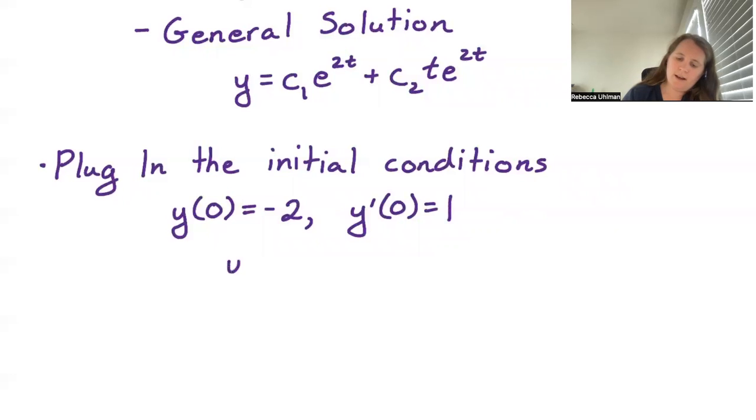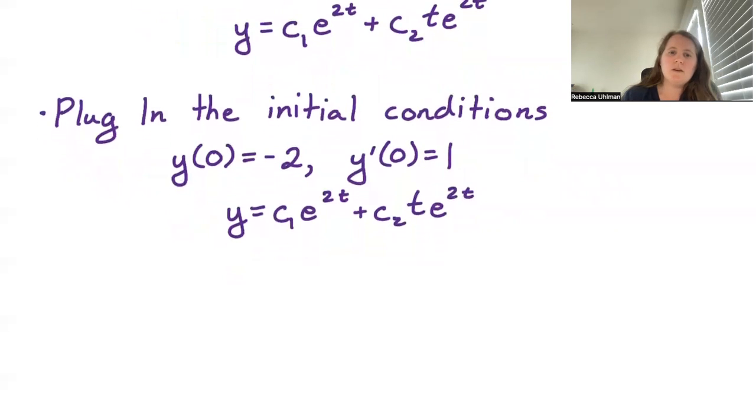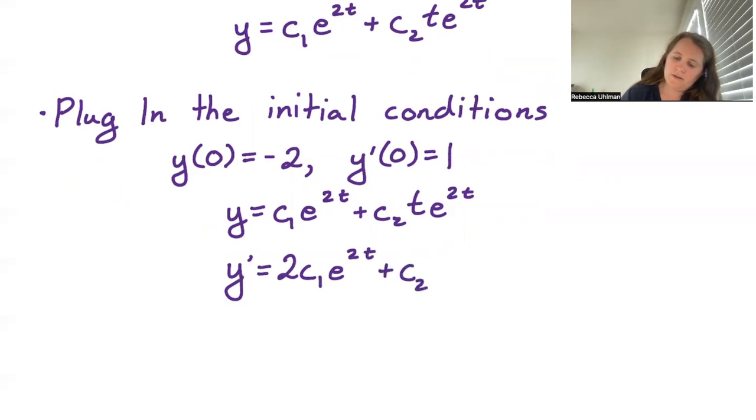We know that y is c1 e to the 2t plus c2 t e to the 2t. That means that y prime is 2 times c1 e to the 2t plus c2 e to the 2t plus 2 c2 times t e to the 2t.